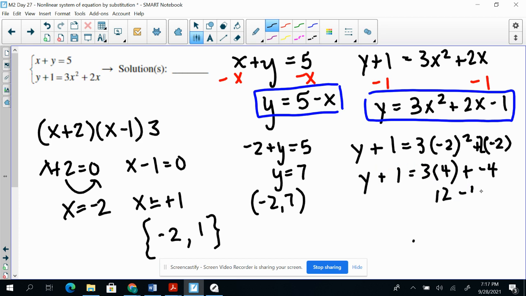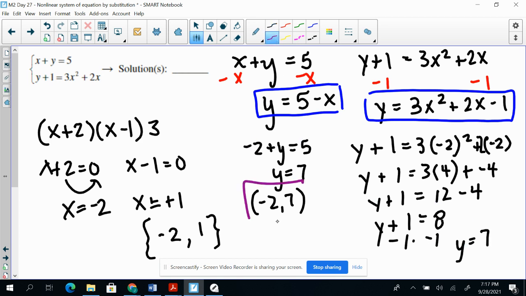So 12, basically minus 4, because plus a negative is the same thing. 12 minus 4 is going to give me 8. I need to subtract 1 from both sides, so y is also going to give me 7. So when x is negative 2, y will be 7 in both equations.